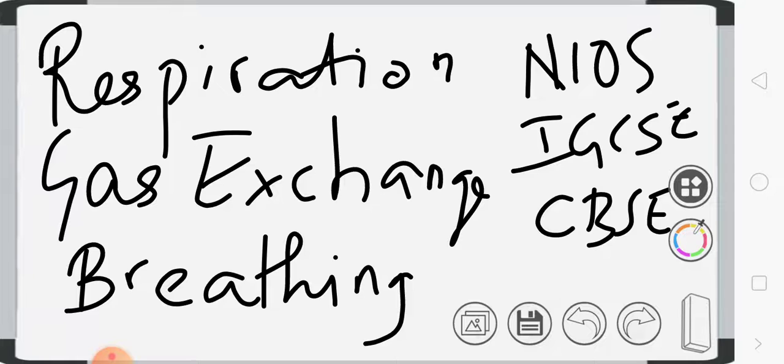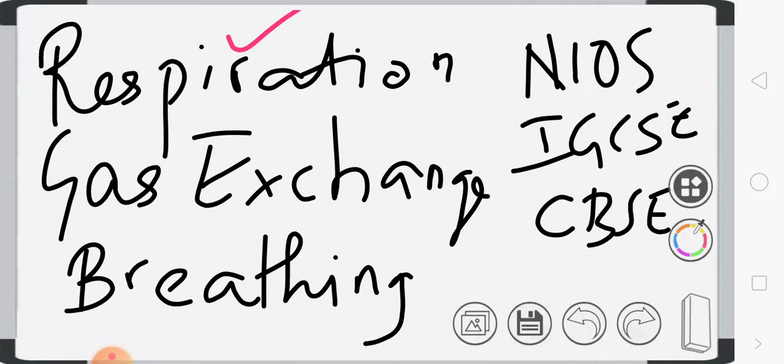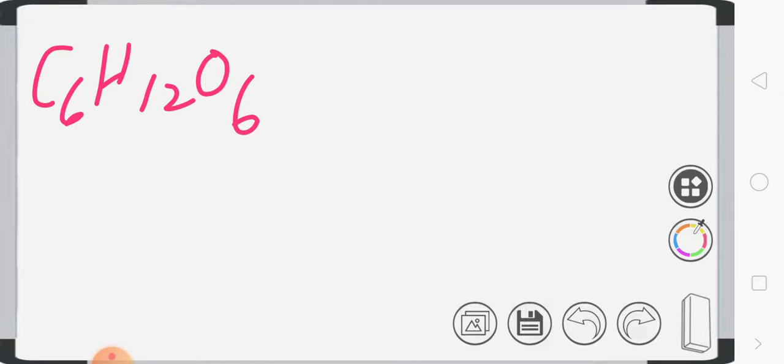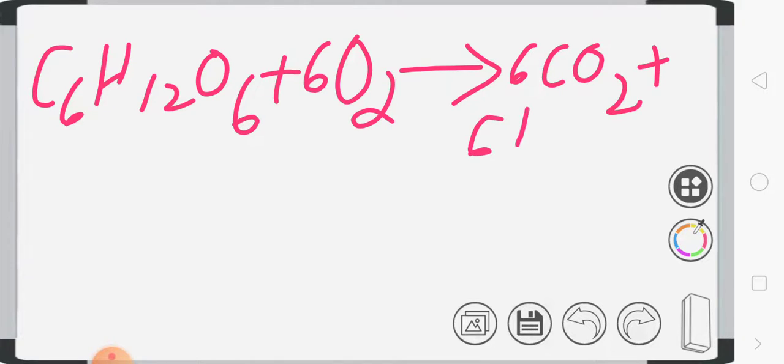Respiration is a chemical process where chemicals are involved. What are the chemicals involved in respiration? You have glucose, C6H12O6, which is oxidized by 6 molecules of oxygen, and it releases 6 molecules of carbon dioxide and 6 molecules of water.